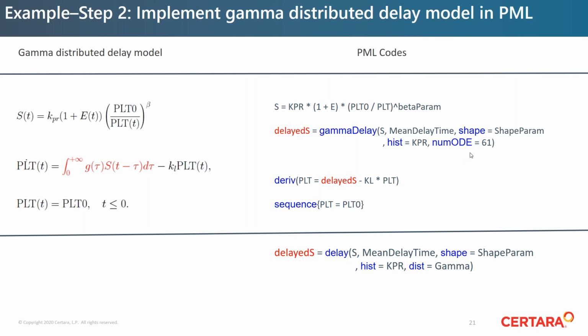And for this problem, we found that 61 ODEs are needed. Now, this one is just used to describe this differential equation with distributed delay. Okay, and this one is just used to specify the initial condition of PLT at time 0. Now, if you want to use the delay function for this one, then you can just simply replace this one by this one.